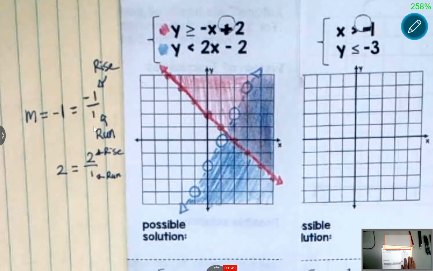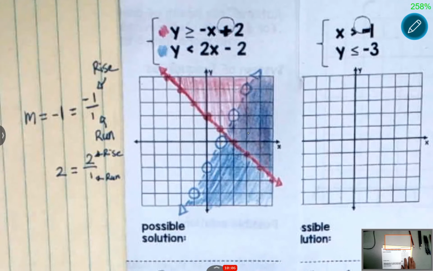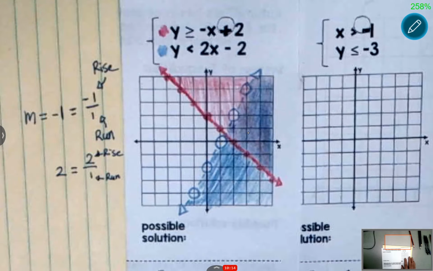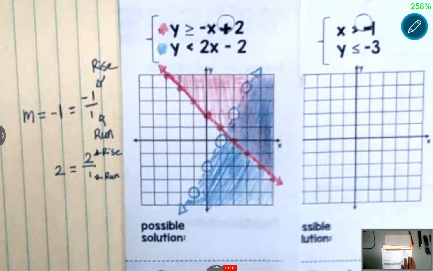So if I plugged in, say, 0, 3, it would make the red inequality valid, but it would make the blue inequality invalid. The blue region, similarly, is only going to satisfy the blue inequality. But the purple region, there's some red shading and some blue shading. So all the points in that purple region will satisfy both inequalities if I plug them in.